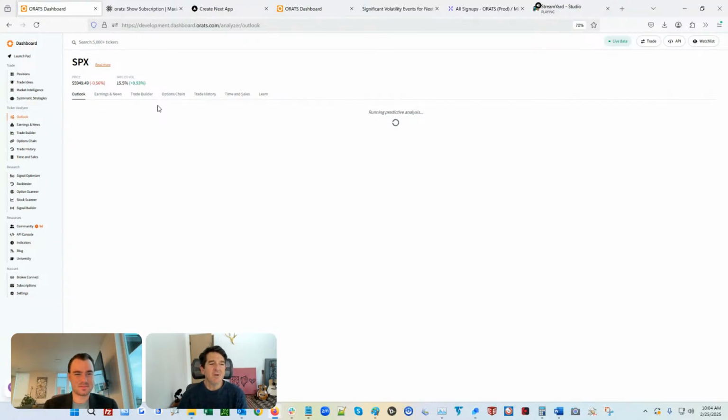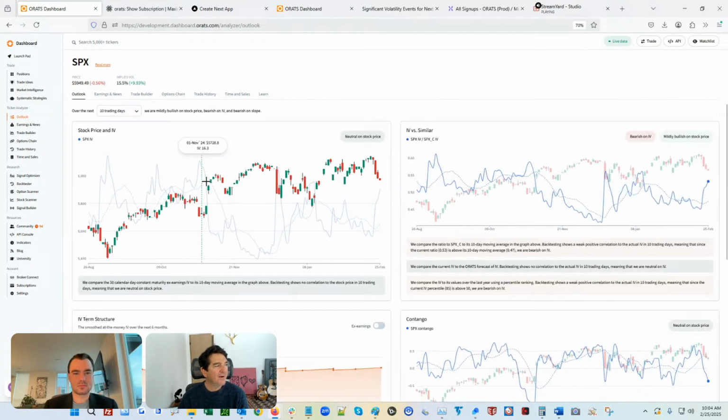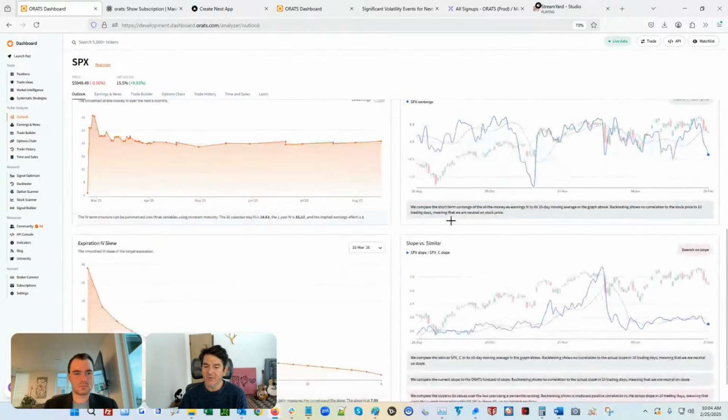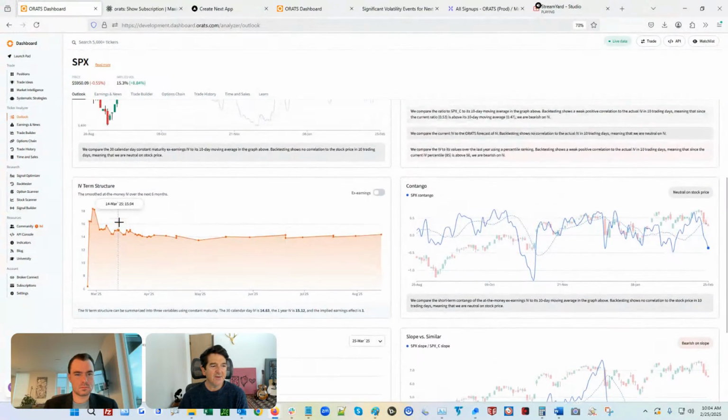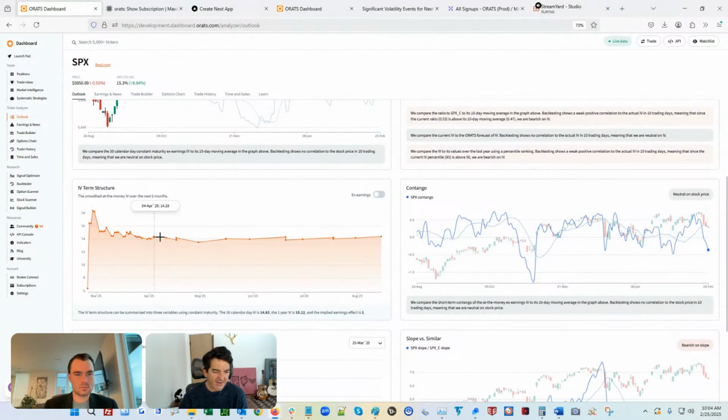Yeah. So what you'll notice, especially with all of the 0DTE, 1DTE, et cetera, the weekly expirations, is the IV. So this isn't that. This is the term structure here. So you see how choppy that is.